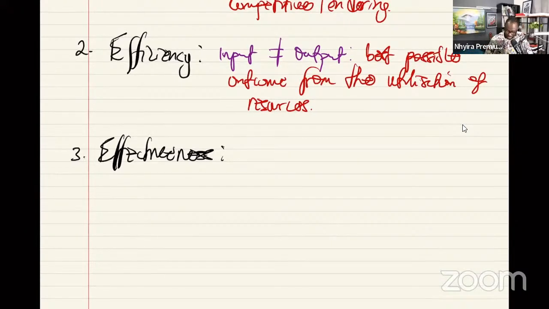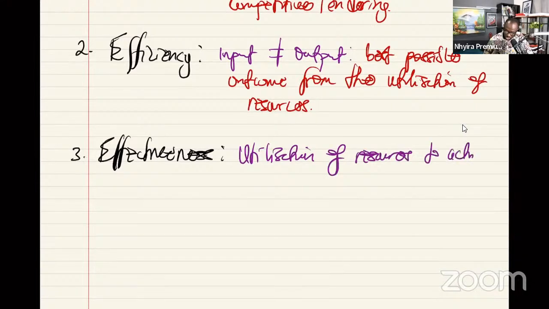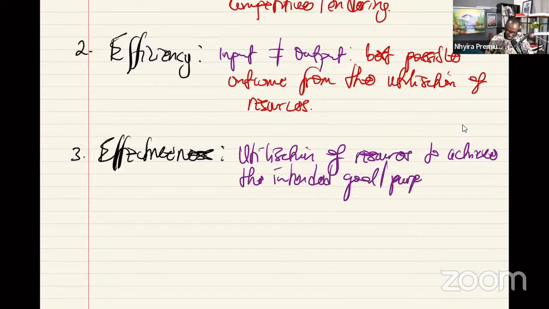So effectiveness has to do with the utilization of resources to achieve the intended purpose, the intended goal or purposes. That is effectiveness. So are we using it for the intended purpose? If no, then it's not being effective.